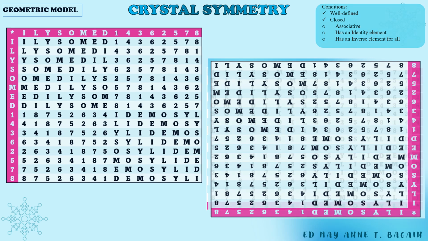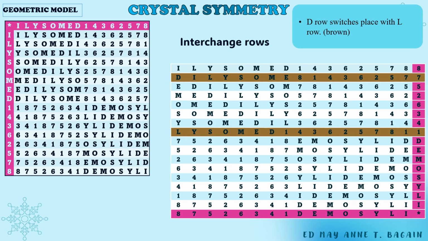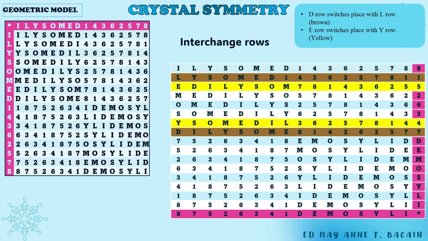We have here the table looking correct to us, and the D row is placed with the L row. This is the brown one. We know that IL should be here, so we need to switch these two. For the next one, we already corrected it.